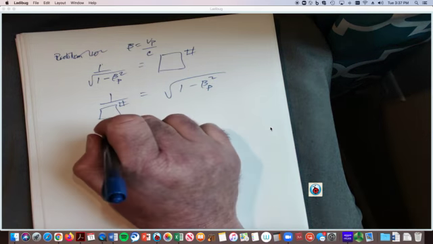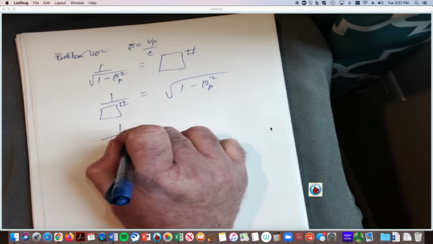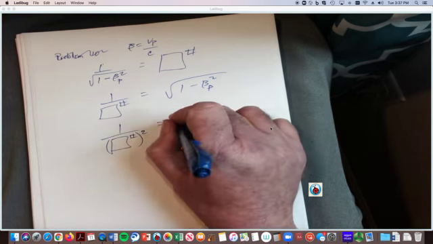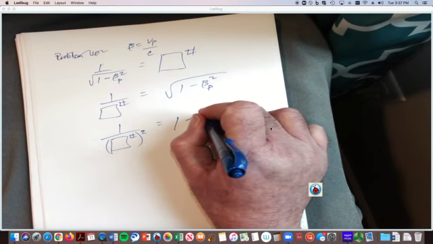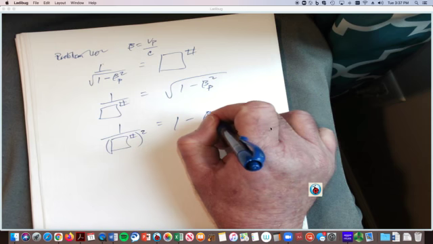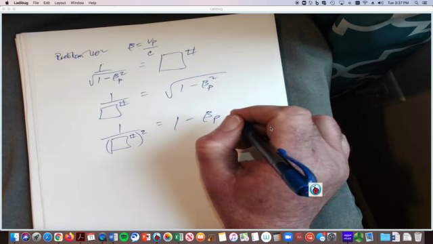Square both sides: 1 over this number squared is equal to 1 minus beta p squared.